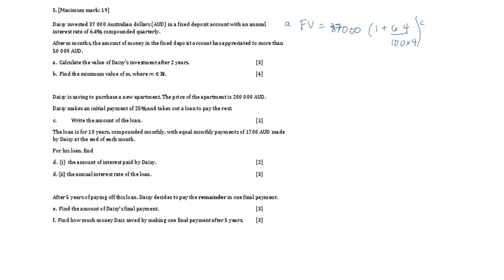So that's 4 times 2. Okay, this gives you 42,010 Australian dollars.